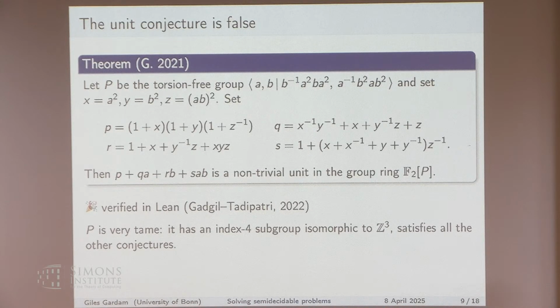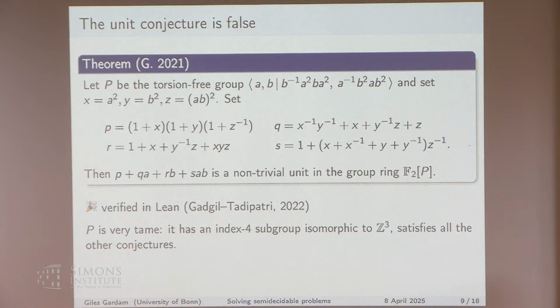It has an index 4 subgroup, so up to very small bounded error, if you like, it's just Z cubed, the Boolean group on 3 generators. So it's very close to being as easy, well-behaved, and mild as infinite groups possibly can be. There's just this small little twist. And because of that, it satisfies all of the other conjectures that I wrote on the previous page, but not the unit conjecture.